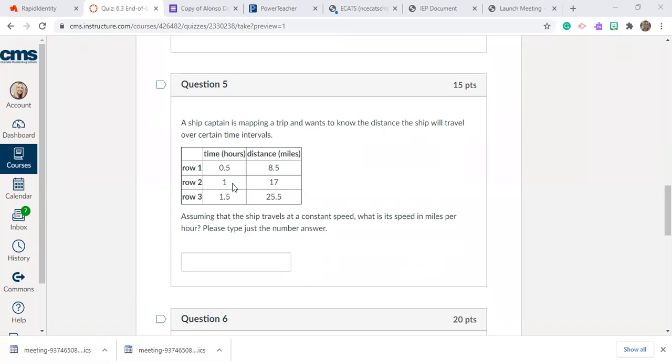In 1 hour, they will travel 17 miles. And in 1.5 hours, they will travel 25.5 miles. Assuming that this ship travels at a constant speed, what is the speed in miles per hour? Think about what that word per means. Pause and do the work.